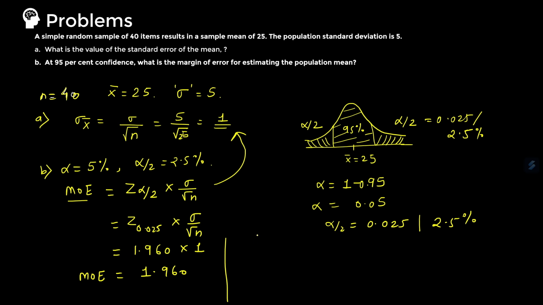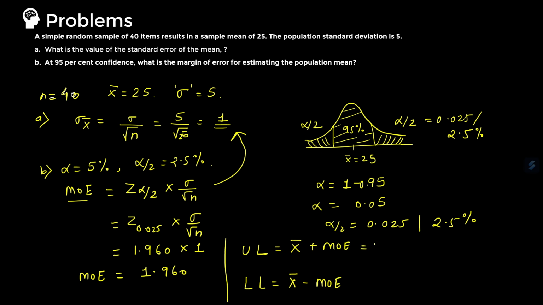Now the last step, the conclusion: we estimate the interval for the population mean. In order to estimate that, we calculate the upper limit and lower limit. The upper limit is going to be x bar plus MOE, and the lower limit is going to be x bar minus MOE.